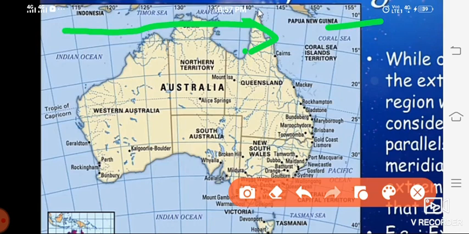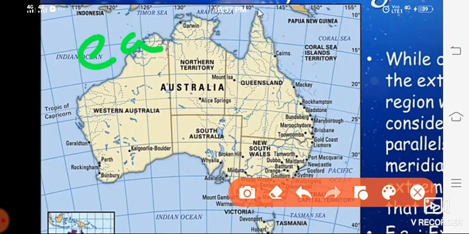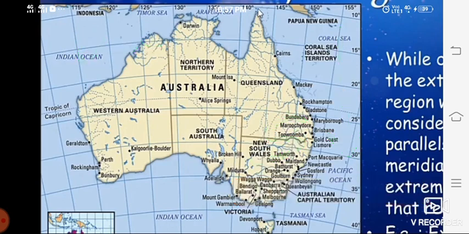As these measurements are going to the left hand side, we can say that Australia is in the eastern hemisphere. Now if you see, the measurements are increasing downwards, which means it is in the south, that is the southern hemisphere. So it is located in the southern and eastern hemisphere.